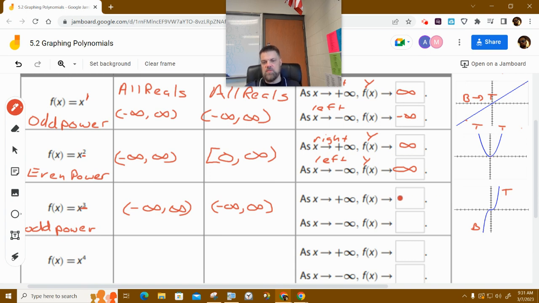And as you go to the right, it goes towards positive infinity. That's the going out the top. And as you go to the left, it approaches negative infinity. That's going out the bottom. So we come in through the bottom and go out the top if you read it like a book left to right. Okay?